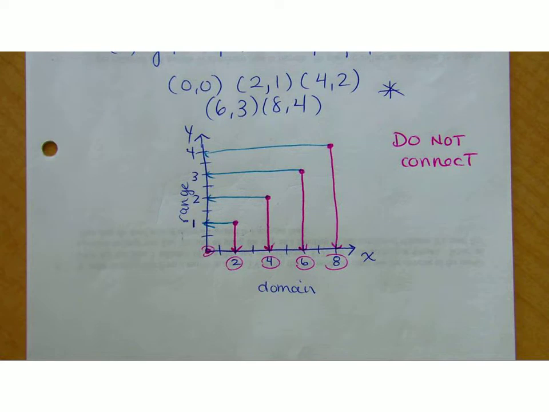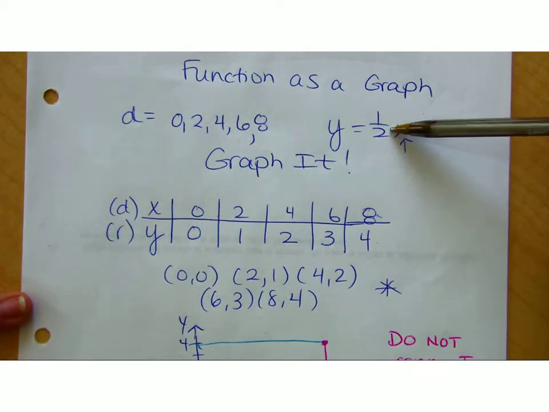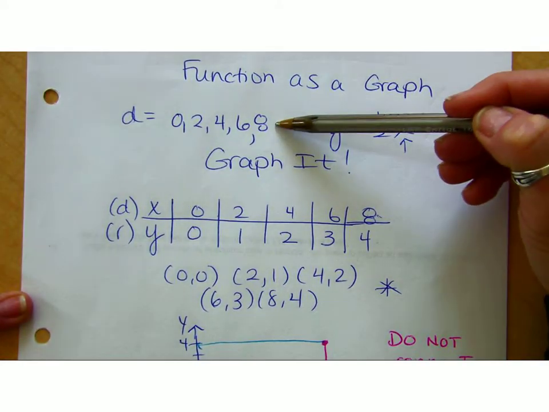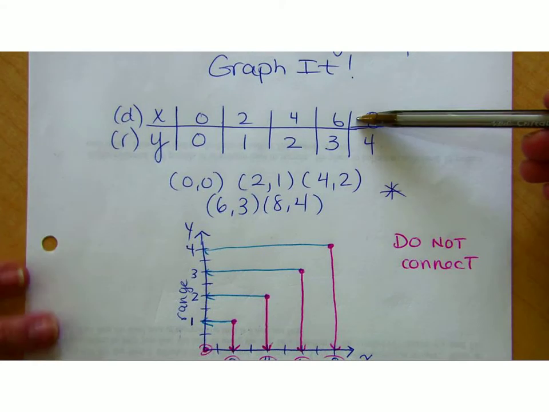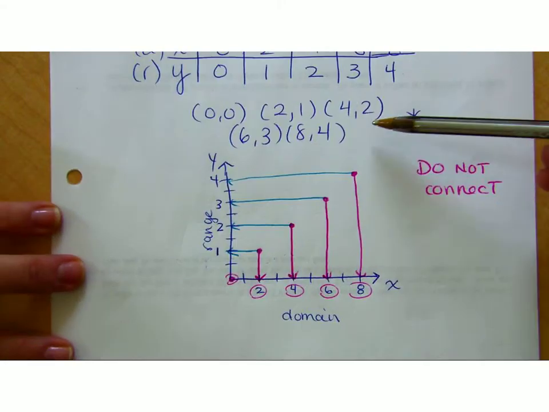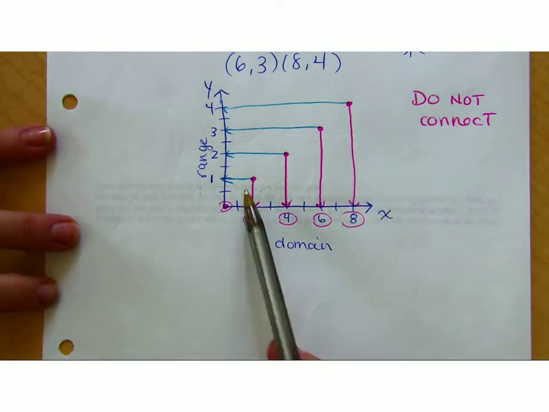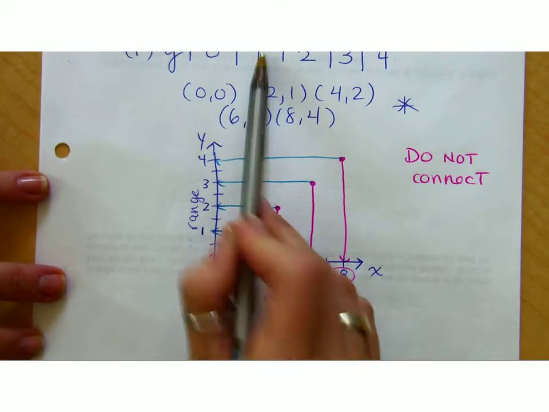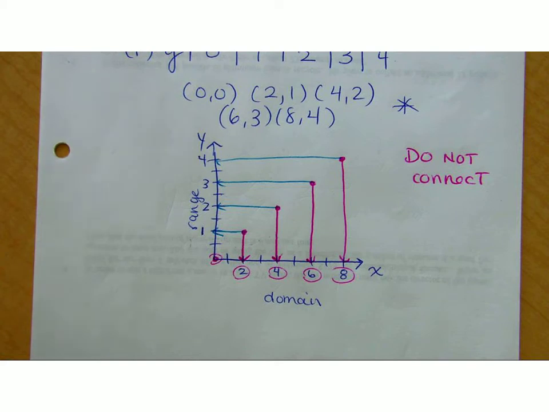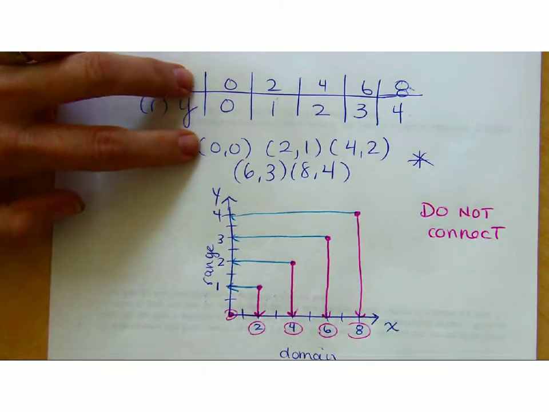So guess what we just did? Listen to this vocabulary. Are you ready? We took a function with a given domain. We created an input-output table that we made ordered pairs, and then we graphed it. So is this the graph of this function? Yes. Did you follow that? So really, that's what we did last lesson with that graph added in.